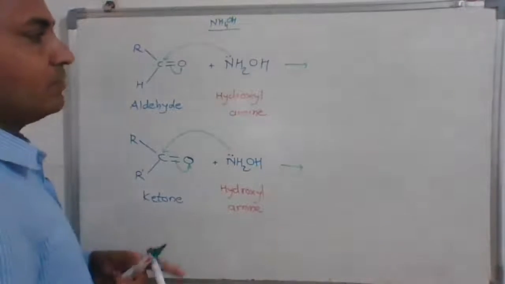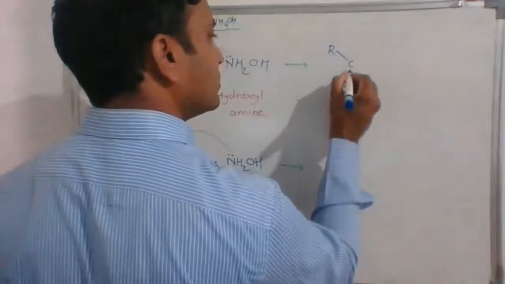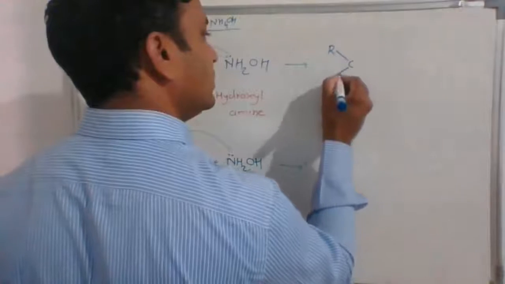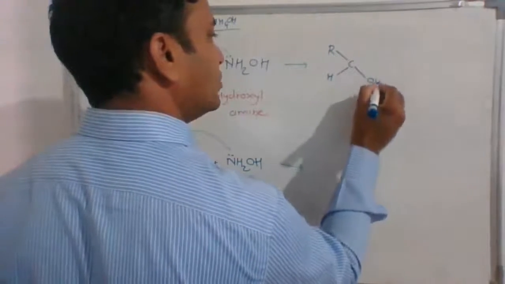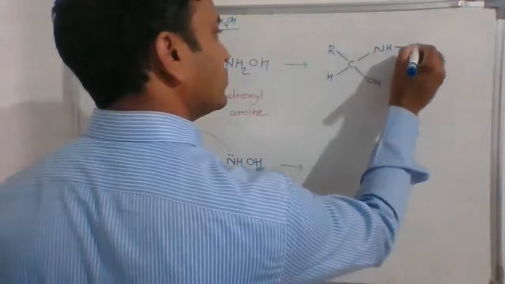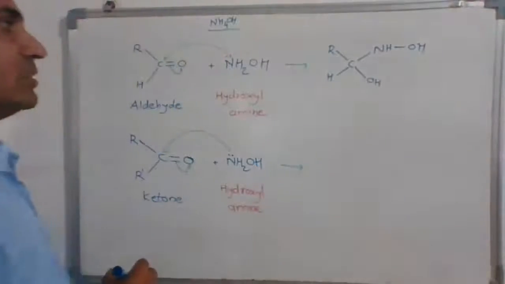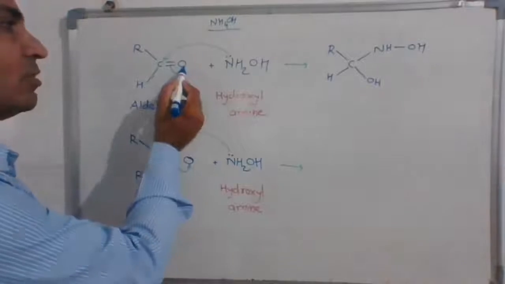So we will get R CH OH NH OH, such a kind of intermediate. One of the hydrogens is transferred to this oxygen.